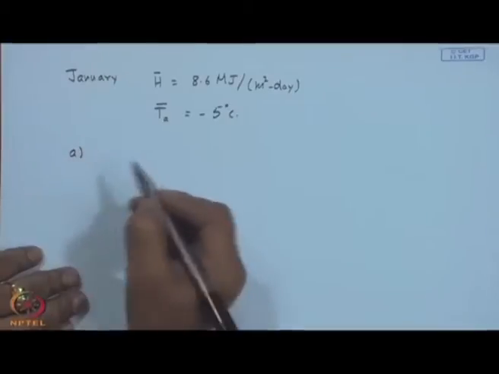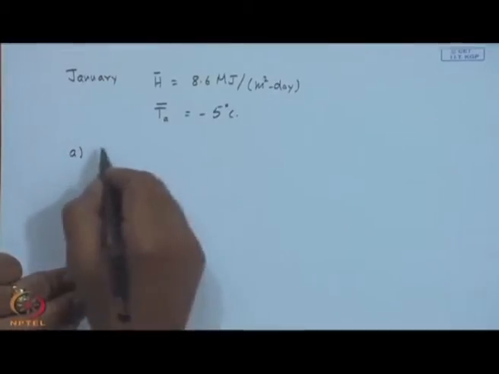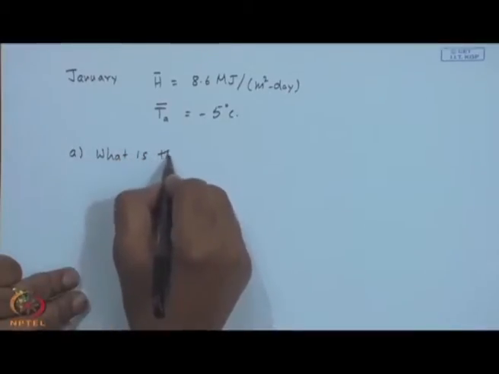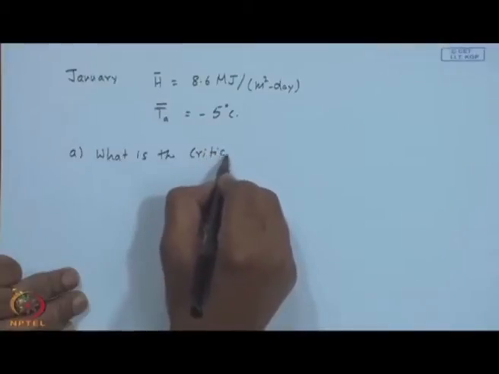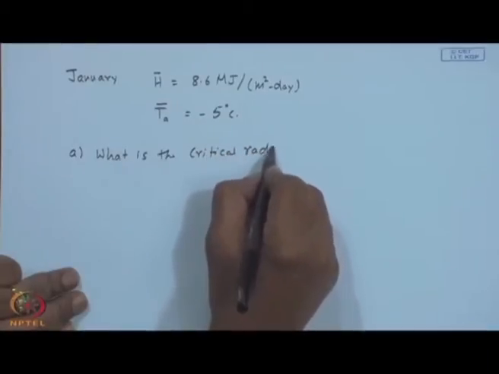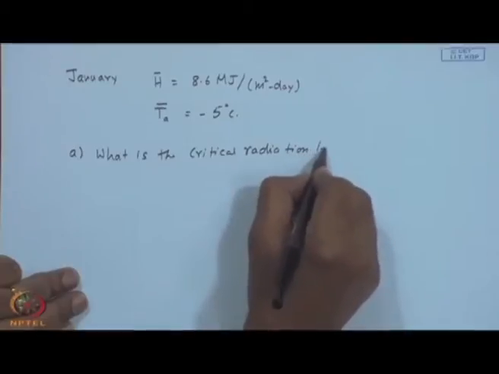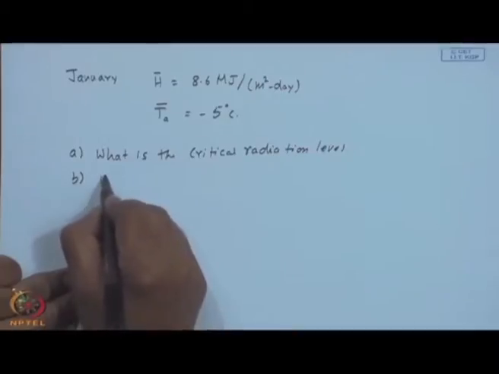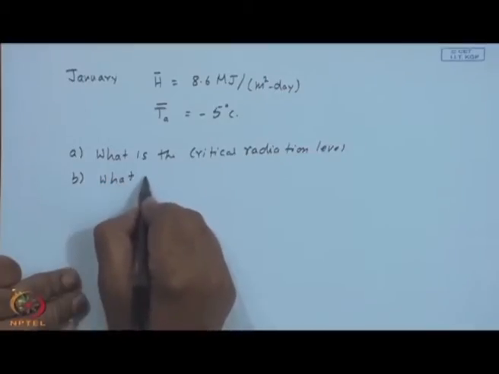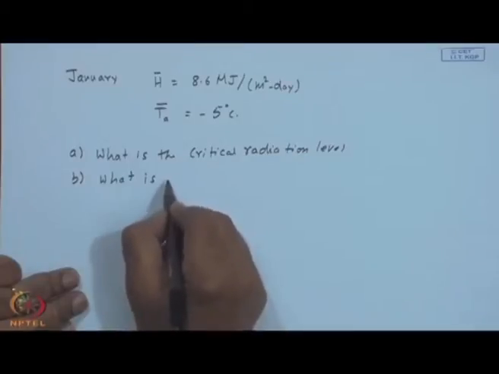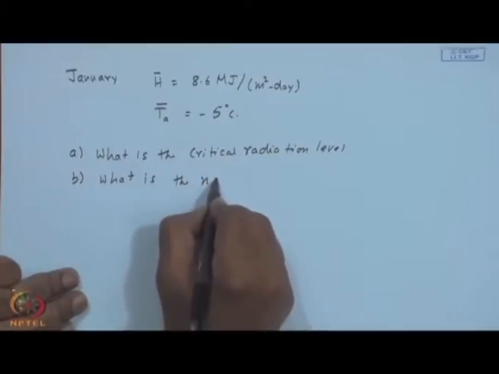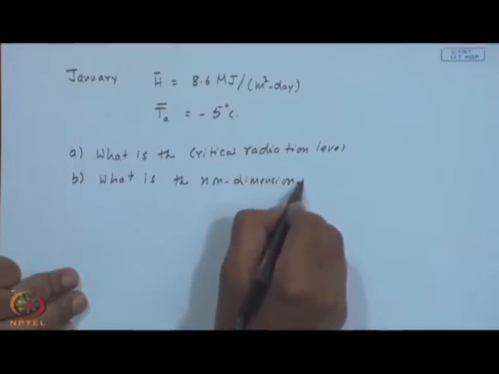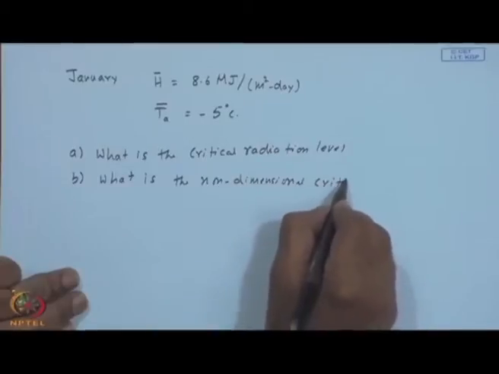So, first, since we know we are going to use the phi bar F chat method, my first question will be, what is the critical radiation level? So that I put it in the form that you proceed, so that the methodology is remembered. What is the non-dimensional critical radiation level?